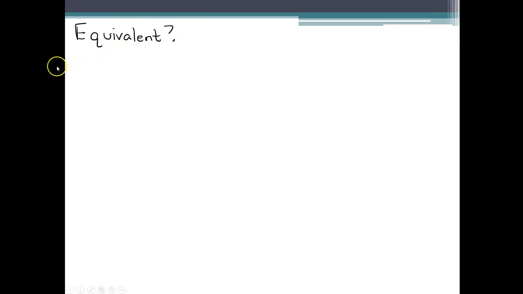First statement is P or Q and R. Second statement is P or parentheses Q and R. So they look similar. They both are P or Q and R, but notice the placement of the parentheses. That makes all the difference.